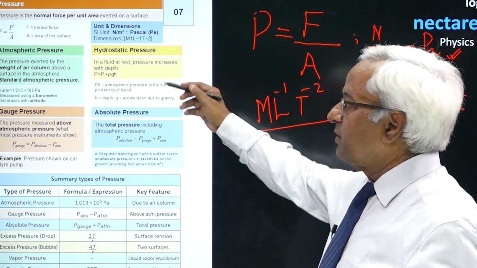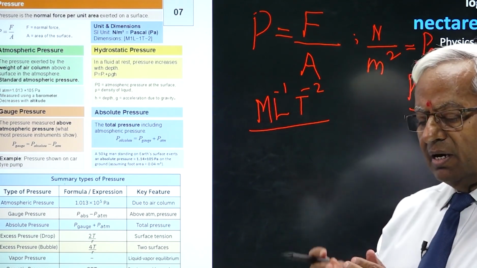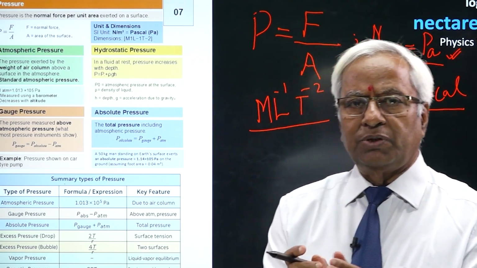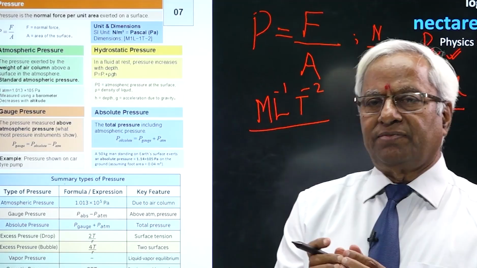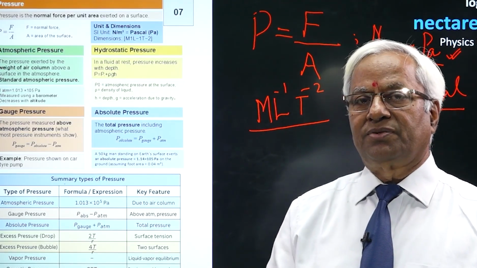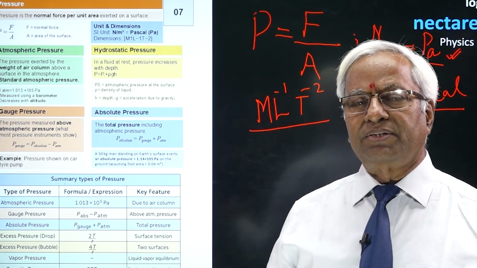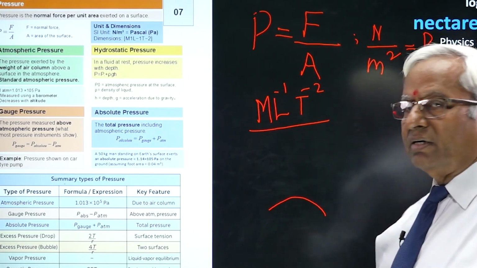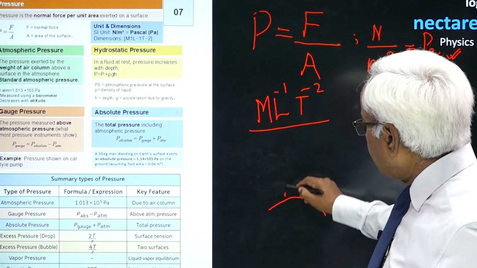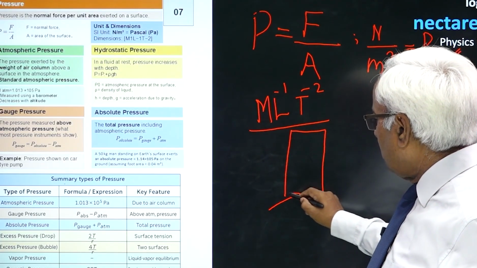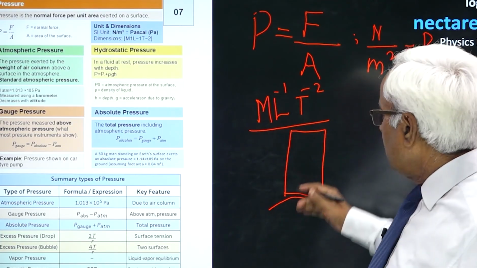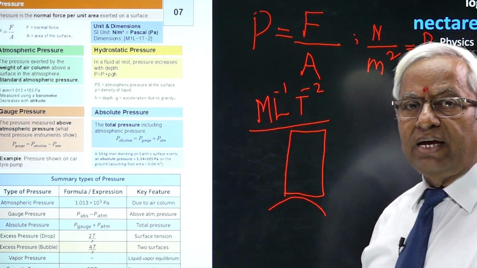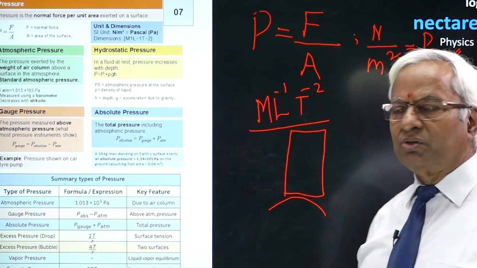Now, what is atmospheric pressure? You see, above the earth, and that's not true for all the planets, but as far as our planet earth is concerned, around earth there is atmosphere. Suppose this is the surface of the earth. The atmosphere, that is the air column above the surface, must have some weight, a kind of force.